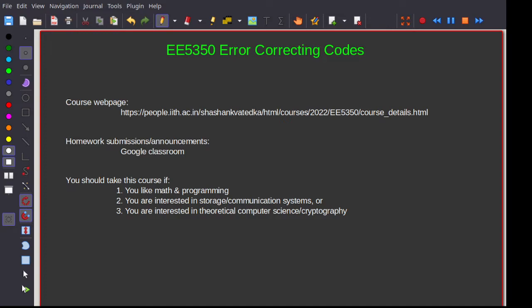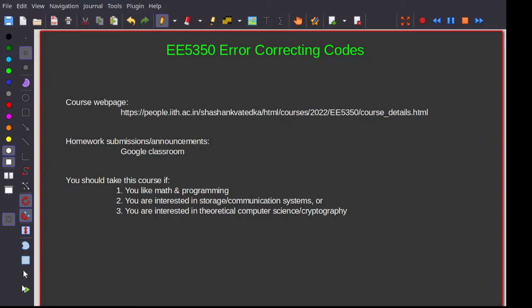How many of you have taken a course on digital communication and or information? Okay, you're taking this. Has anyone not done a course in linear algebra or and probability? Okay. But have you done some undergraduate course on probability?